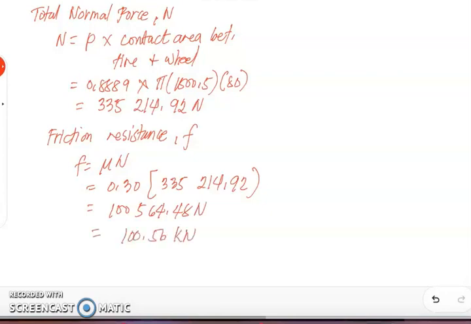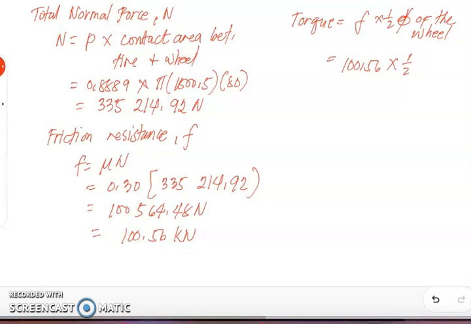And for the torque, to compute for the torque, this is frictional resistance times 1/2 of the diameter of the wheel. So therefore, if we substitute, we have our computed friction resistance, which is 100.56, multiplied to 1/2 of our diameter of the wheel in meters.